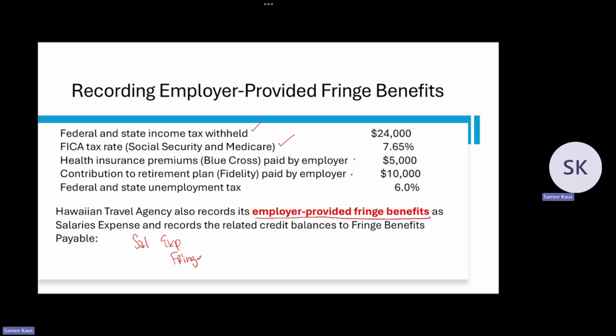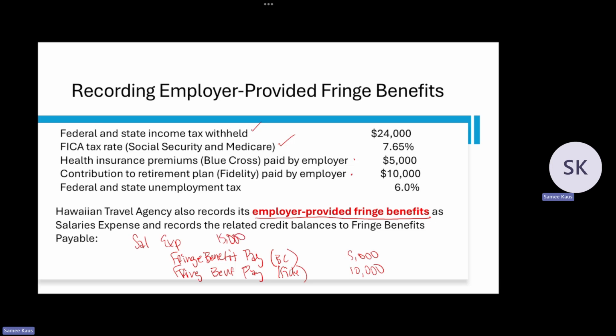I have fringe benefits payable related to Blue Cross, and I have fringe benefits payable related to Fidelity for my retirement. So I have $5,000 to Blue Cross, $10,000 to Fidelity. Now to make my journal entry balance, I've got $15,000 of additional salaries expense.